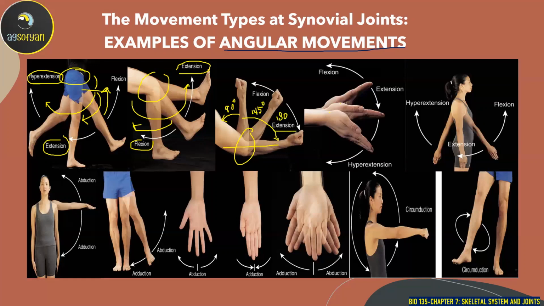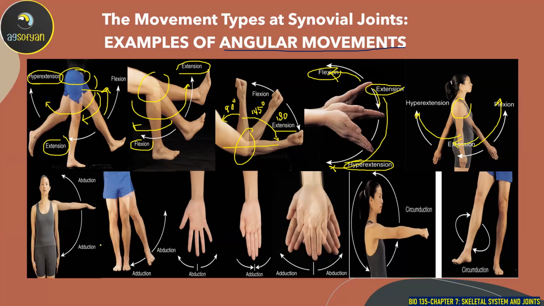The same thing with your wrist. You can reduce the angle, flexion, or increase the angle, extension, and increase more, this is hyperextension. Our shoulder, the same thing. We can do flexion, and also hyperextension, or maybe just extension.